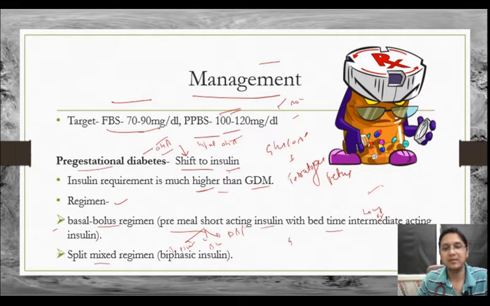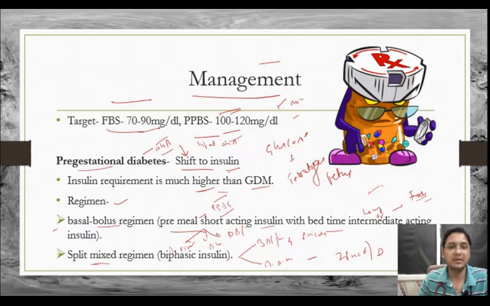So we are giving 4 pricks per day to the patient, and the short-acting insulin takes care of the immediate spurt in blood sugars, and the intermediate-acting insulin takes care of the blood sugars all day long. In the split mix regimen, we have a biphasic insulin given before breakfast and before dinner, which means 2 pricks per day.